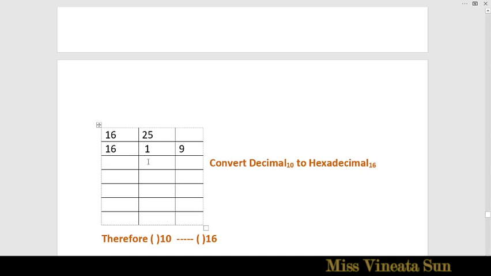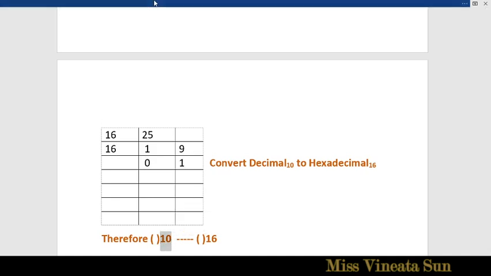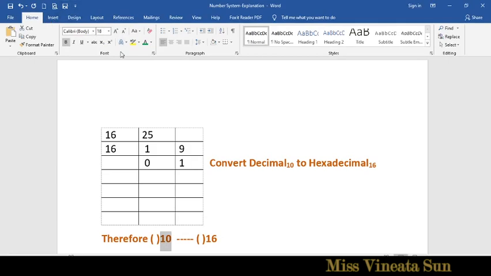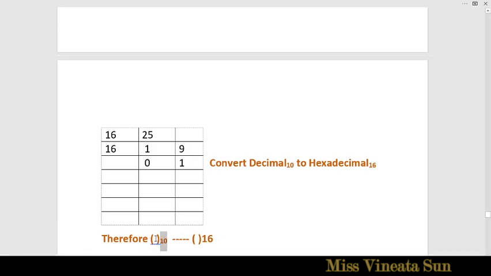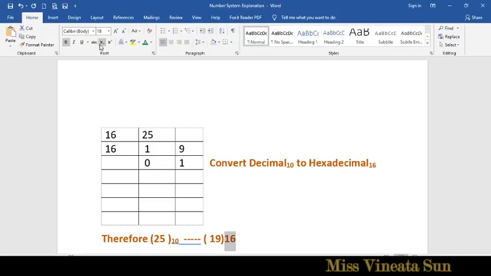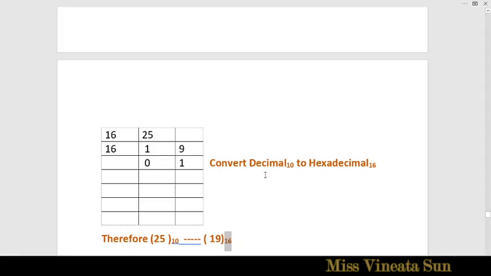So 16 zeros are 0, and that's how you get the remainder as 1. So the answer is 25 decimal equals 19 in hexadecimal, from bottom to top: 1, then you take 9. That is your answer.